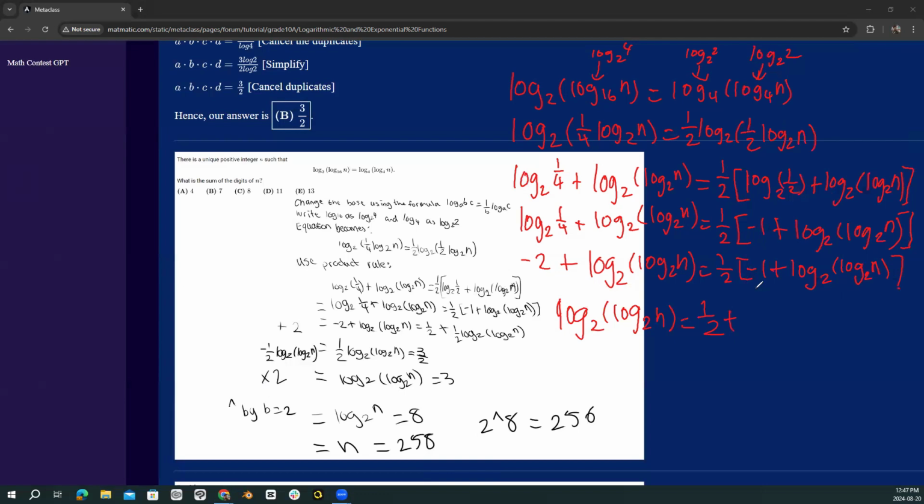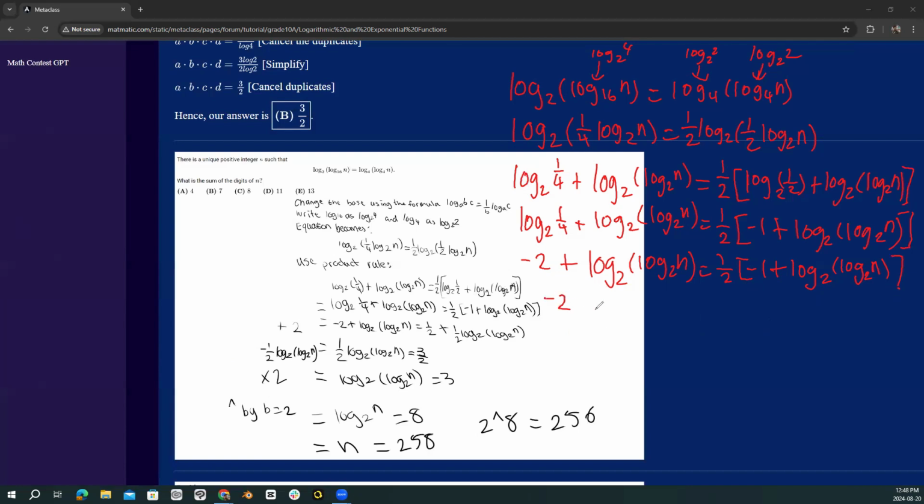Wait, sorry, I made a mistake here. Before we add 2 to both sides of the equation, we're going to remove the square brackets here.